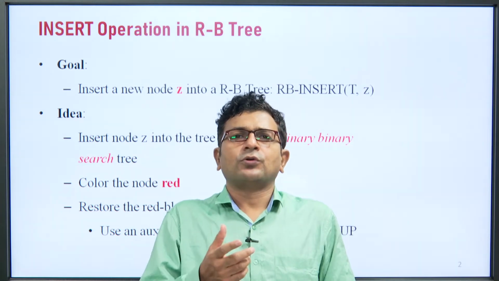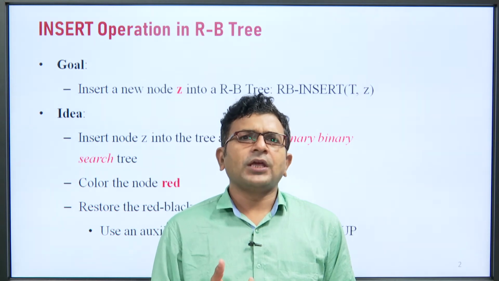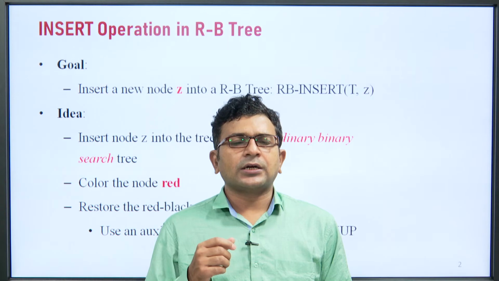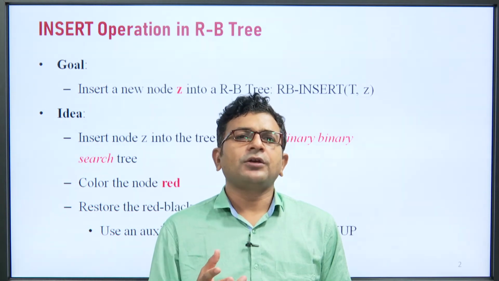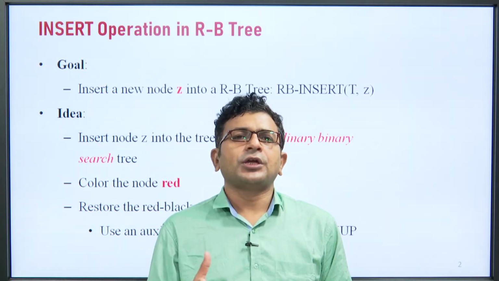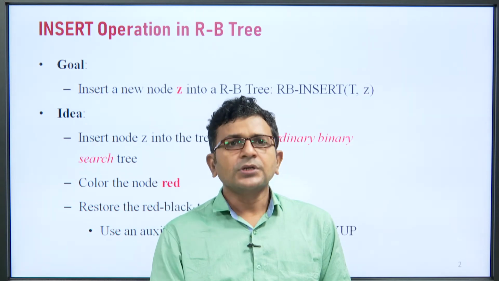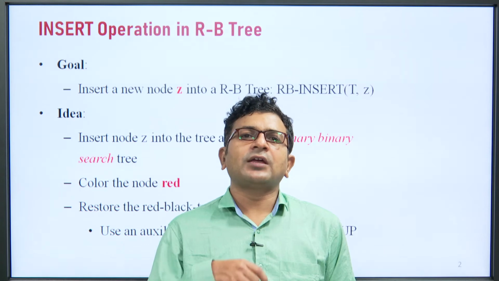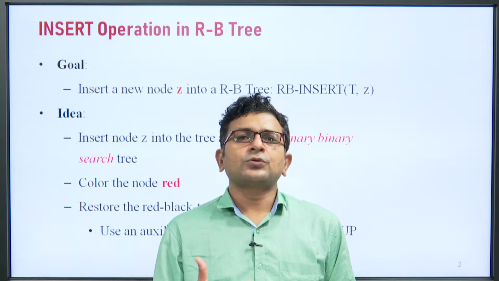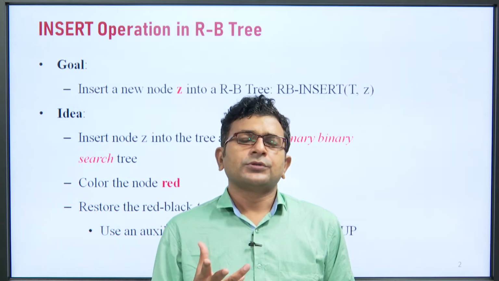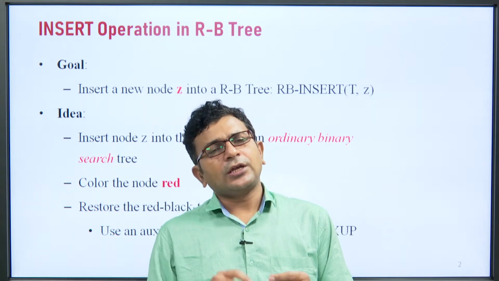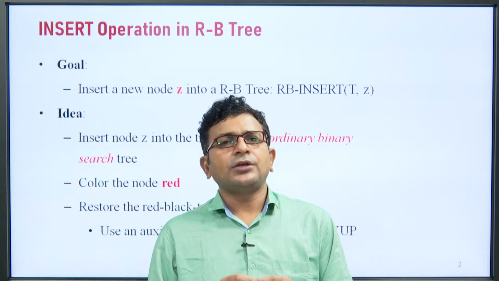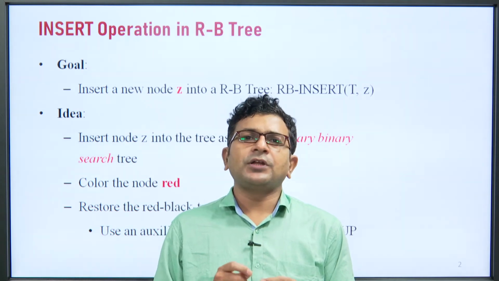What will we do? First we follow the binary search tree property to insert the new node into the red black tree. The second step is to give that new node the color red. What happens if we insert a new node with the color red? Some violations of the properties may occur.